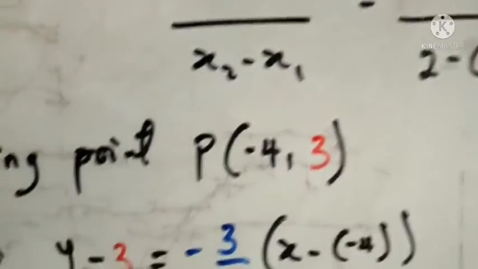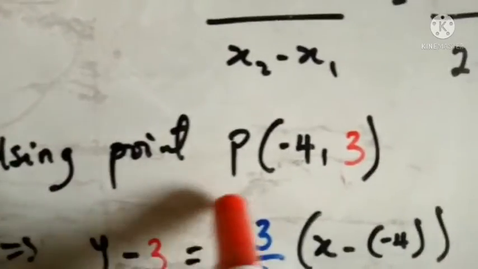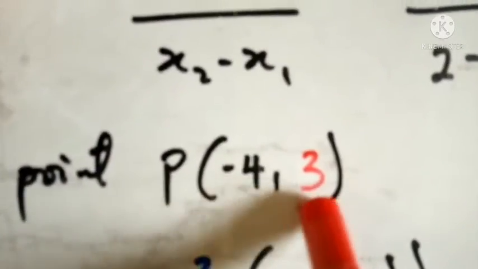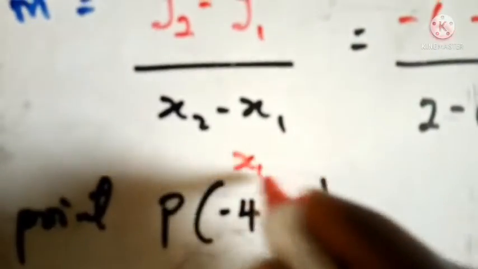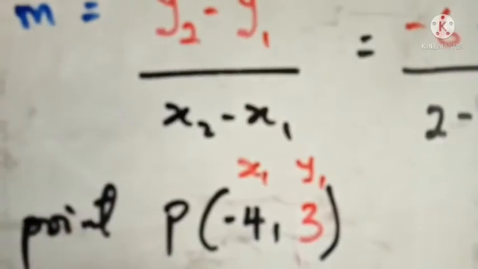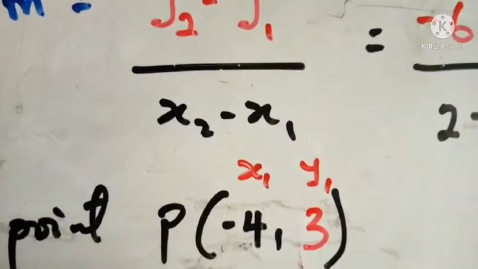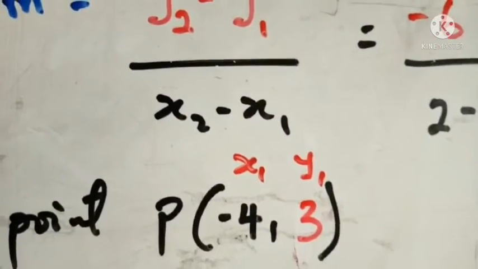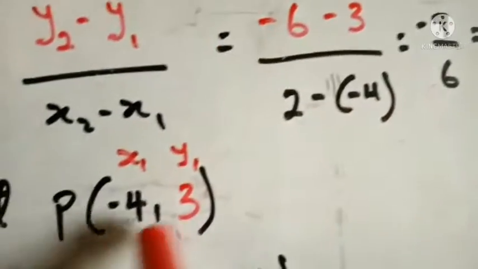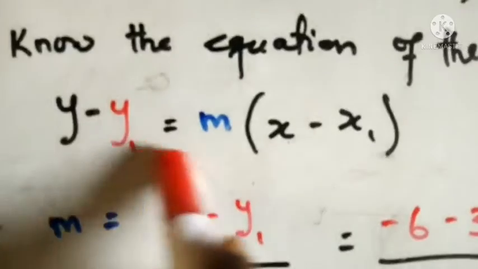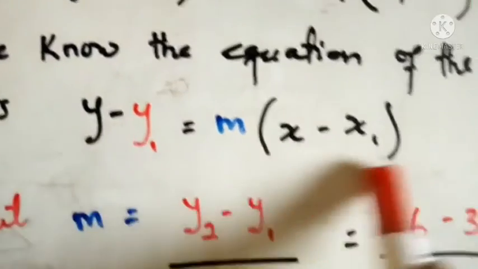That is how I got to this point by saying that using the point (-4, 3), we are using this as the x1 and the y1. Now that we have found all three things that we need for our equation of the line, we are free to go. We just need to plug them into this formula, because this is what we call the equation of the line. So we plug them in.